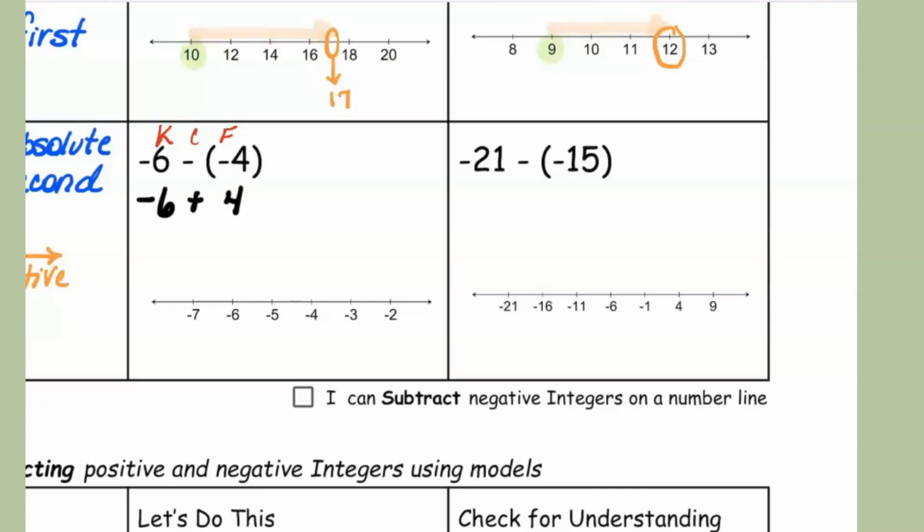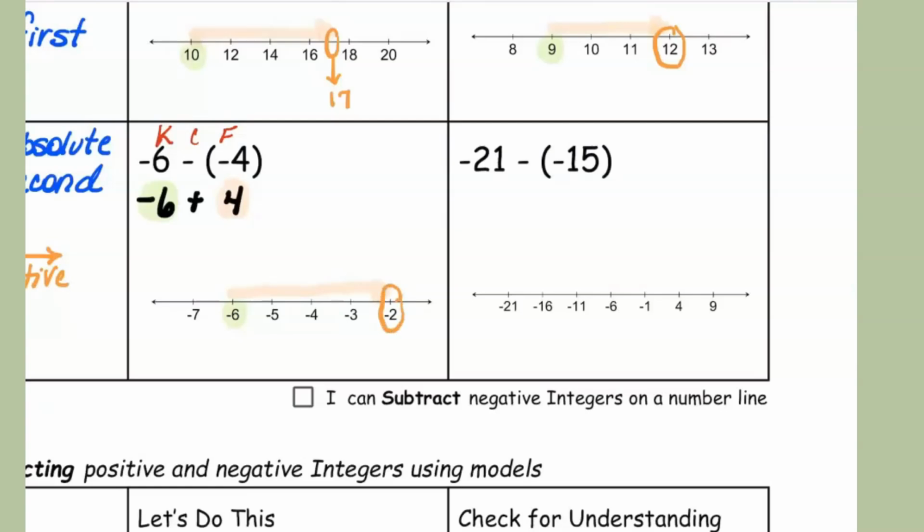So the first thing we do is plot that first value, -6. We're going to find that on the number line. And then we're going to move 4 spaces in the positive direction away from that -6. So when you count that out, I'm just counting it slowly, 1, 2, 3, and 4, and you see it stops there at -2.